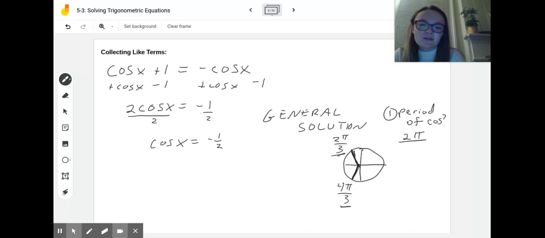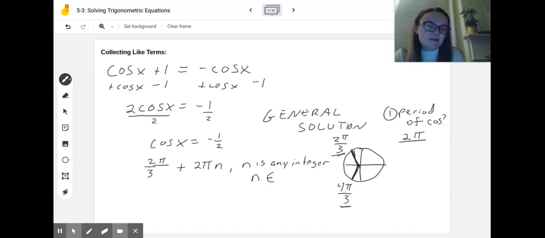So my first solution is going to be this, 2 pi over 3 plus my period, which is 2 pi, times n, and we're also going to state that n is any integer. If you want to write this quicker, if you want to use some fancy math notation, you could also write this. We could write n, and this backwards e is actually an epsilon. It means exists.